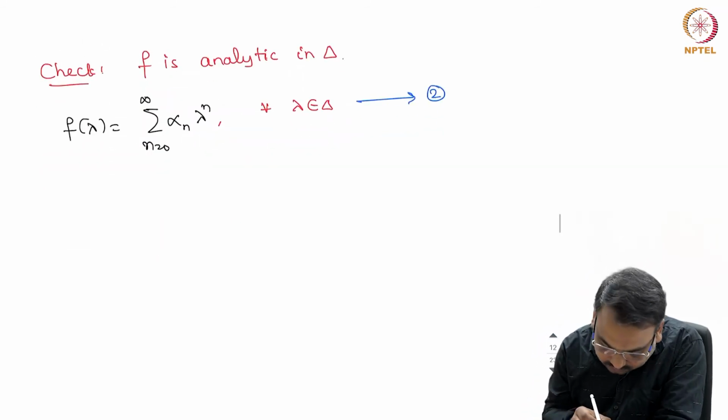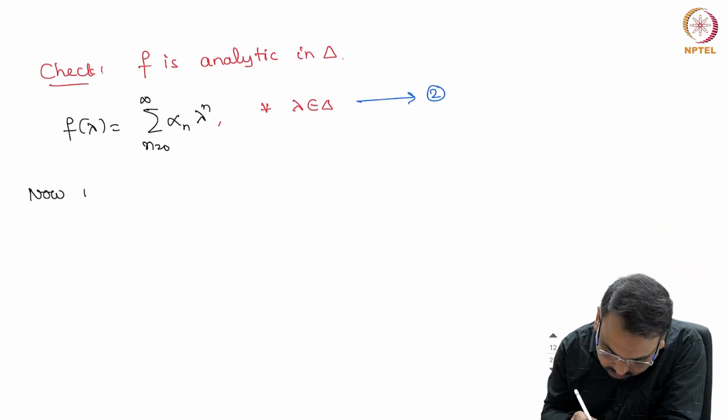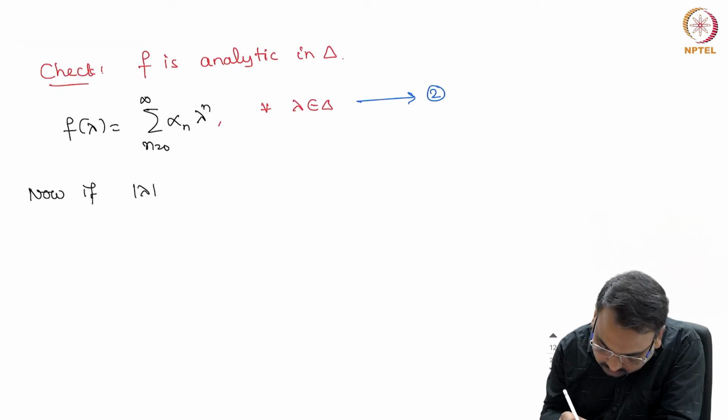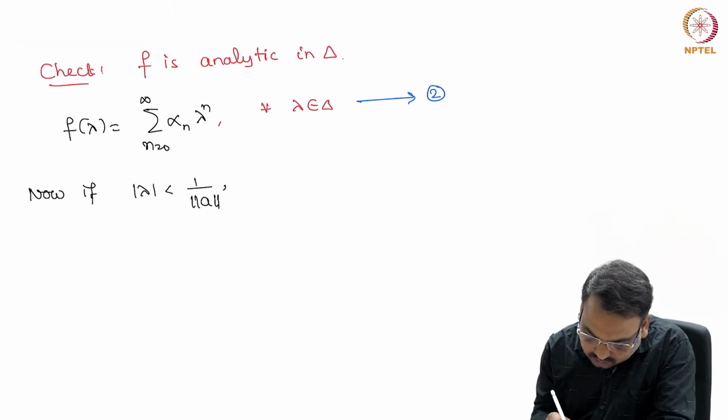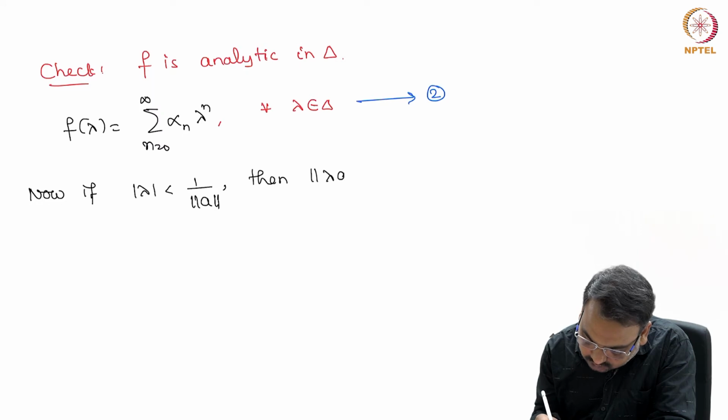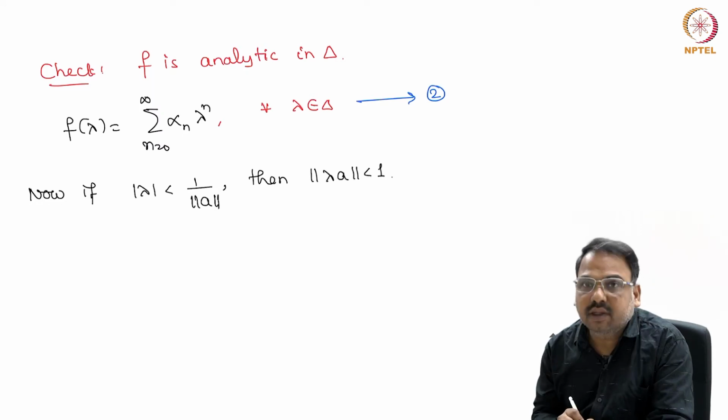Now if mod lambda is strictly less than 1 by norm A, then we can say that norm of lambda A is strictly less than 1.